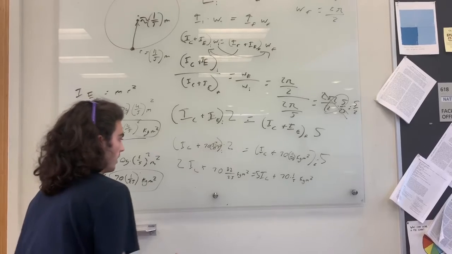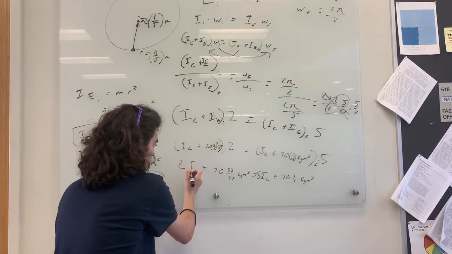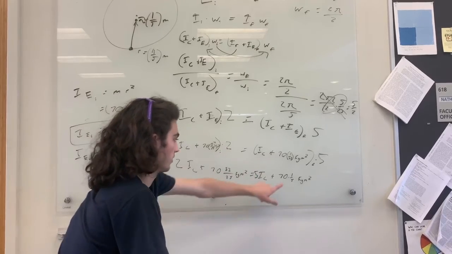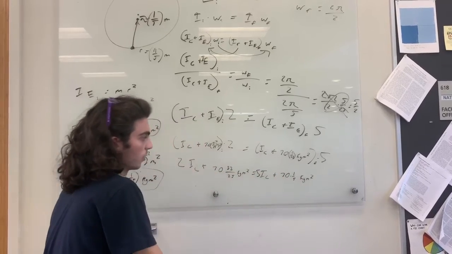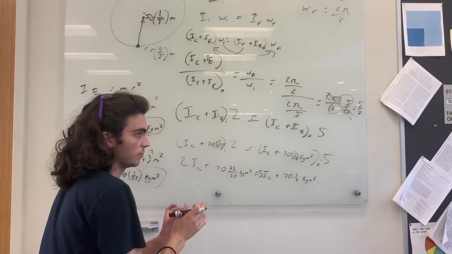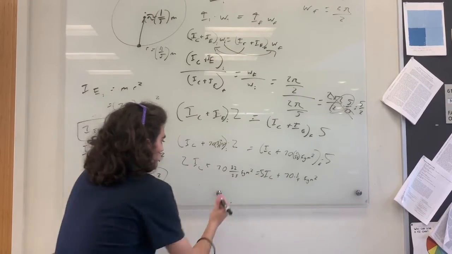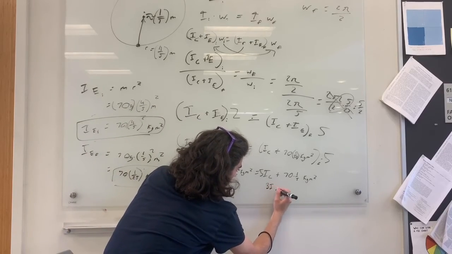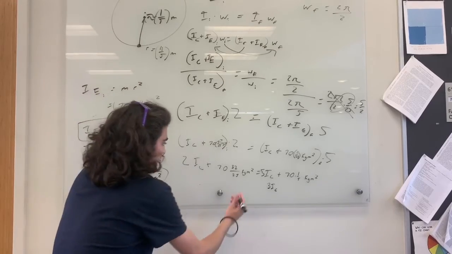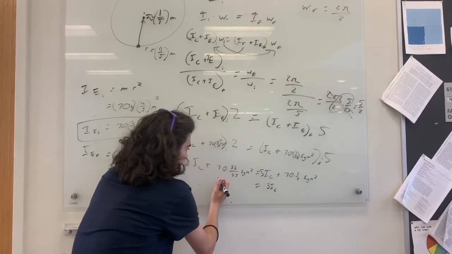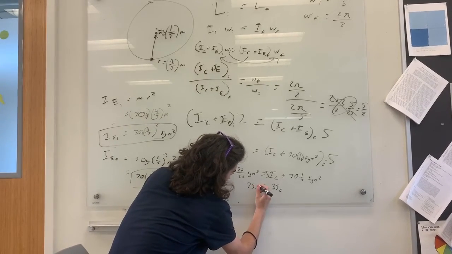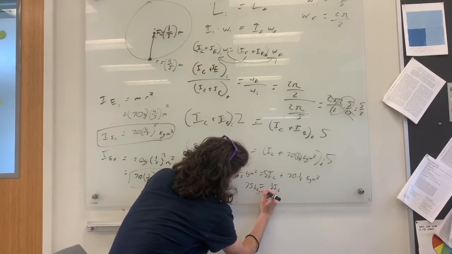And so what we're going to do then is subtract 2 of the constant from both sides, and then subtract this value, 70 times 1/5 kilogram meters squared, from that side and this side, and that will allow us to solve our constant. So we have 3 of the moment of inertia for the carousel's constant is equal to this value, which comes out to be 75.6 kilogram meters squared.